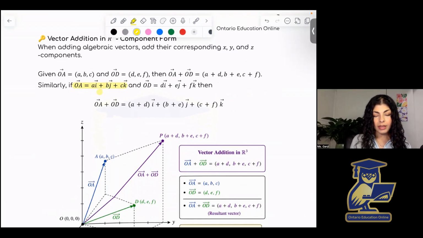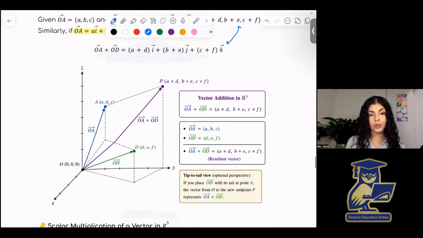If you have a i plus b j plus c k, and then for OD we have d i plus e j plus f k, this is just properties of vector addition where we can have the scalar coefficients added together, so a plus d, b plus e, and then c plus f. And this unit vector representation matches with this component form. So these two are the same.